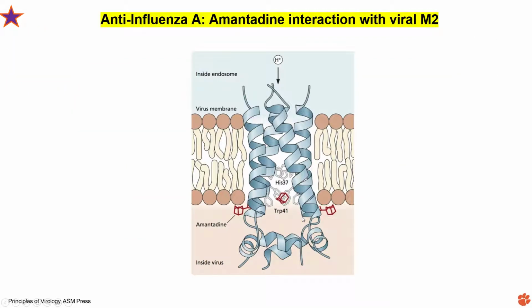Here is the mechanism you are looking at. Here is the M2, and this is the viral envelope. Amantadine binds and blocks a couple of places on the M2 protein, so it cannot make any conformational change to allow the proton to enter into the virus. This is inside the virus, and this is inside the endosome. So this pathway is basically blocked.